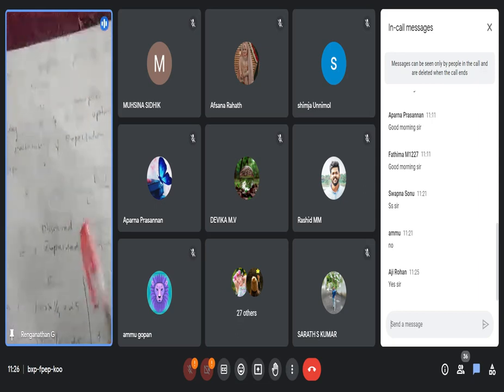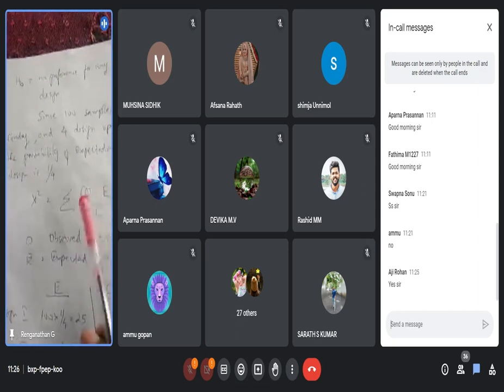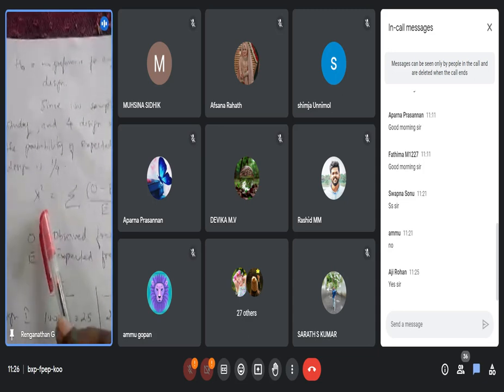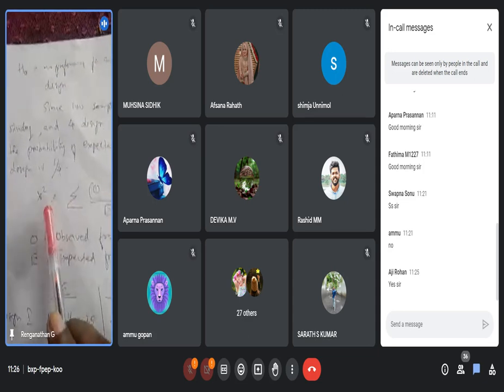Now we come to the X square test formula. The formula is, look at the screen, and then only you can write it properly.